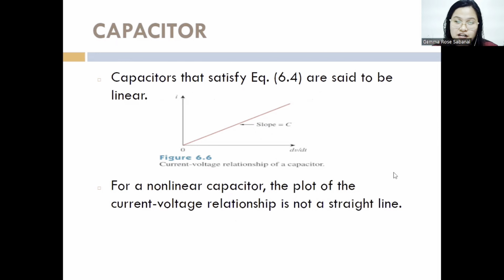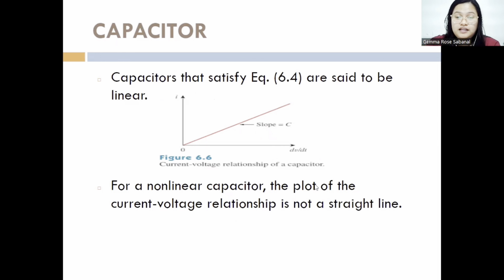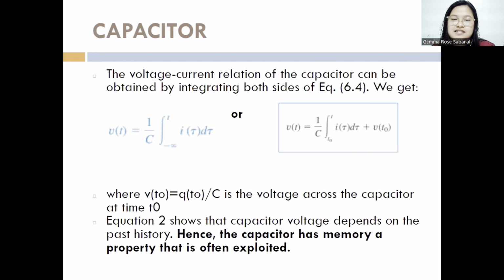A capacitor that satisfies equation 6.4 is said to be linear, which is this equation. For a nonlinear capacitor, the plot of the current-voltage relationship is not a straight line. Next, the voltage-current relationship of the capacitor can be obtained by integrating both sides of equation 6.4.